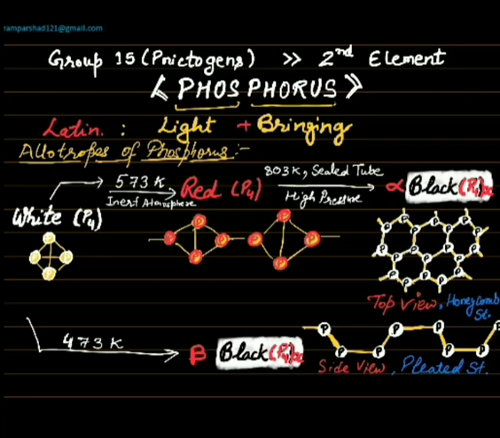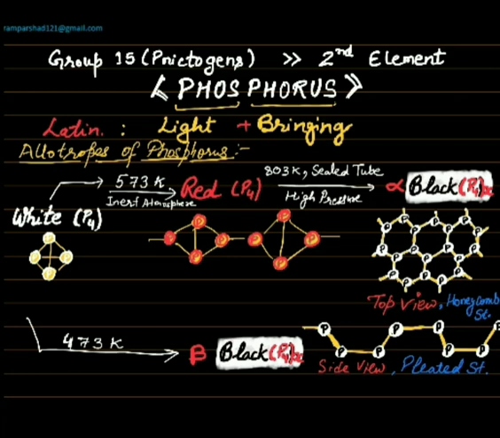The top view of the structure is honeycomb-like, but when we see the side view, it looks like a pleated structure or quite resembles the chair form conformation. So in this way you can see that one form or allotrope of phosphorus can be easily transformed into another type of allotrope.